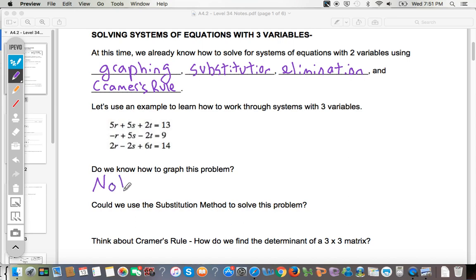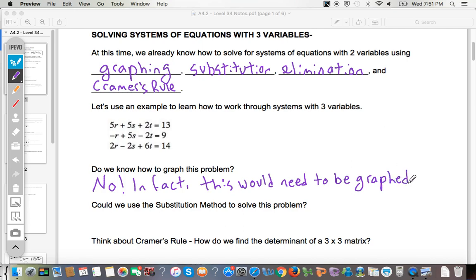No. In fact, this would need to be graphed in 3 dimensions. Okay, so we're not going to graph this. That is not ideal for us right now.